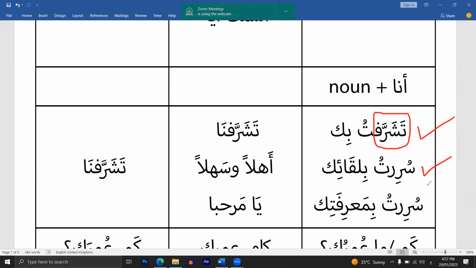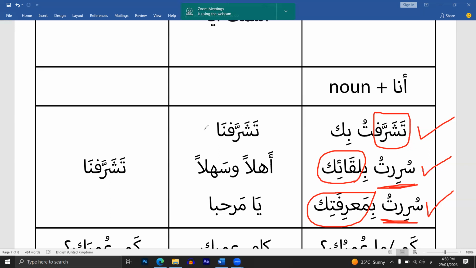I am happy to meet you. سررت means to be happy. It's a verb also. سررت بمعرفتك. لقاء means meeting. معرفة means knowledge. So سررت بلقائك, it's nice to meet you. سررت بمعرفتك, it's nice to know you. These are the three main expressions you can use in standard Arabic.